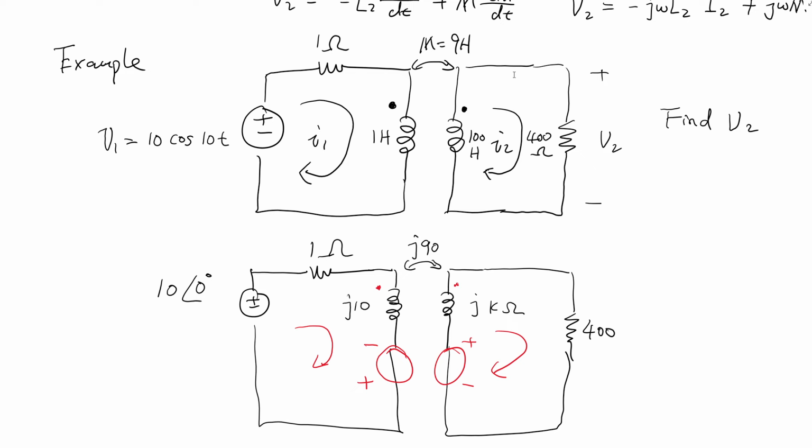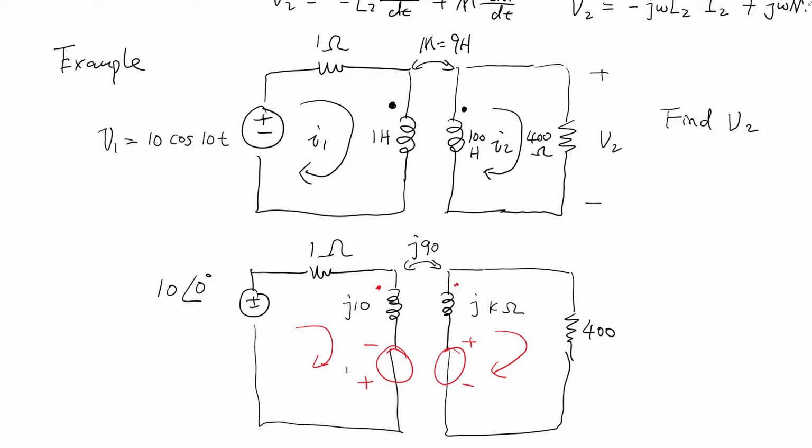This voltage goes through all this impedance and will generate I2. They are affecting each other.